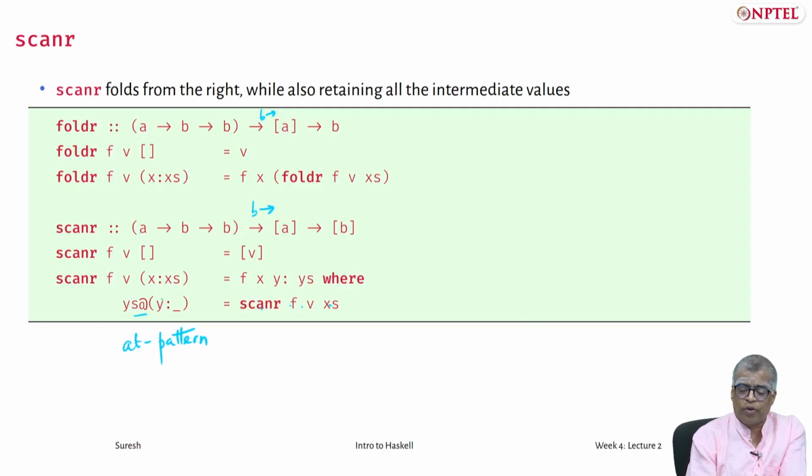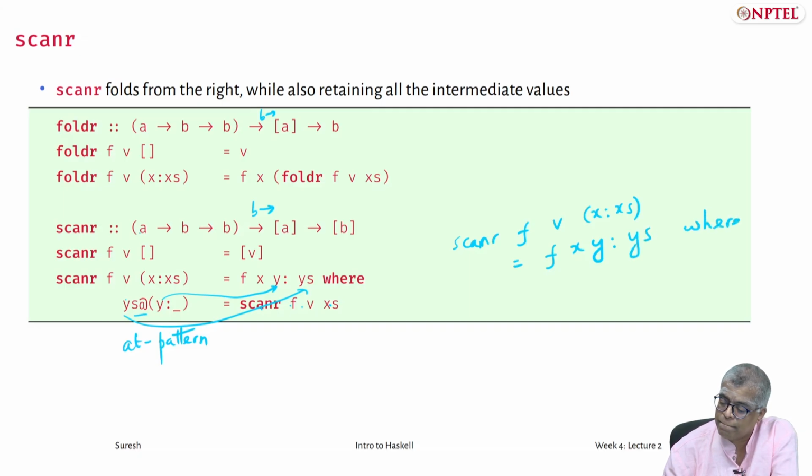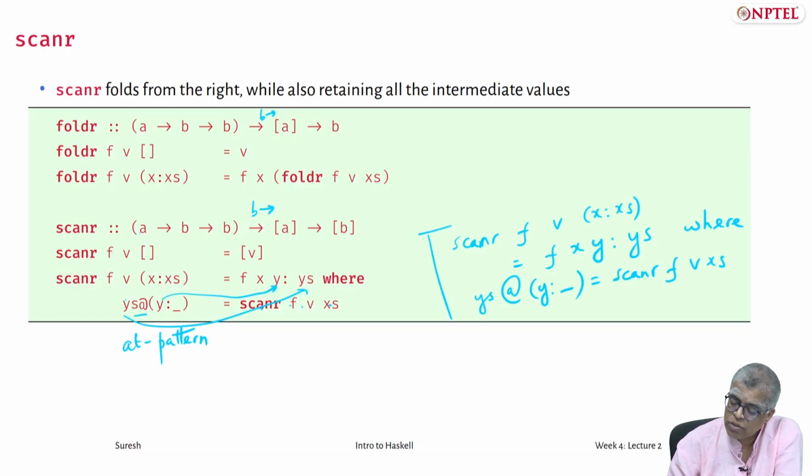So I am able to refer to y here, and I am able to refer to ys itself here. Okay, so that is the point. So scanr f v (x:xs) is nothing but f x y : ys. Okay, this is the important thing.